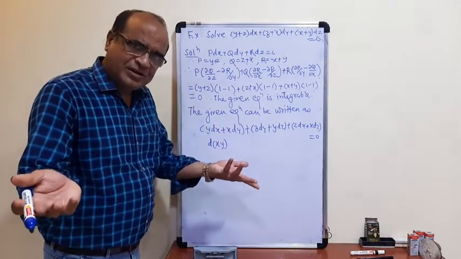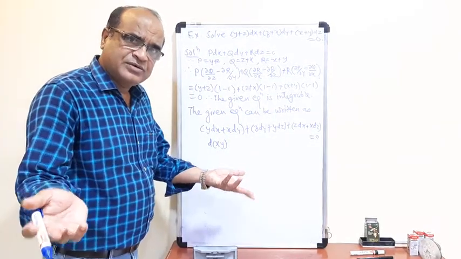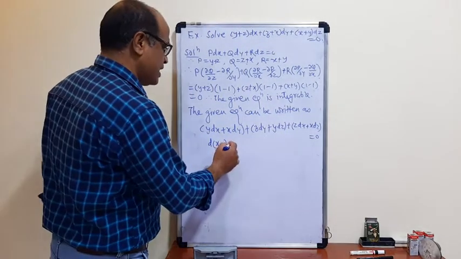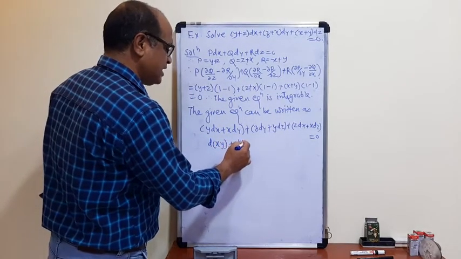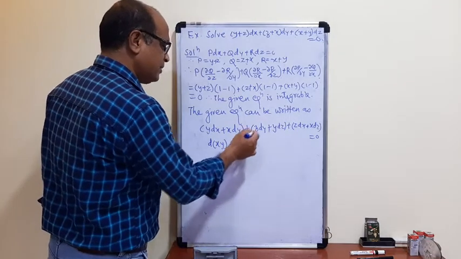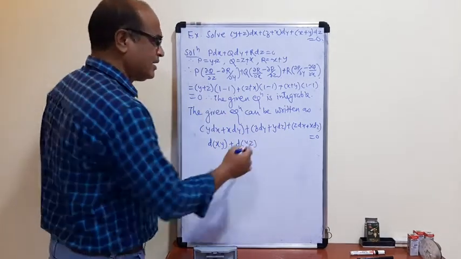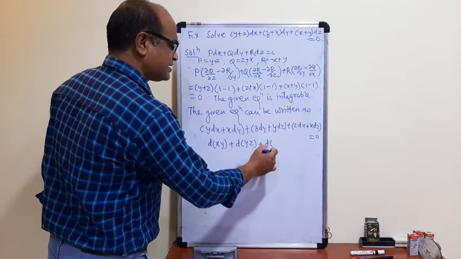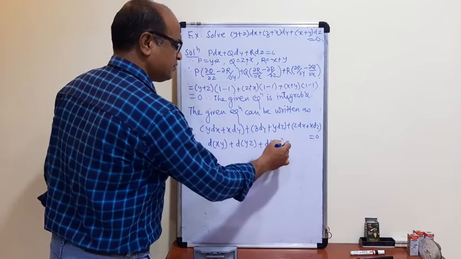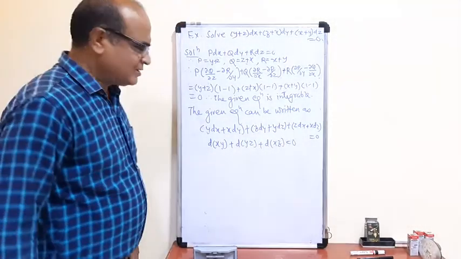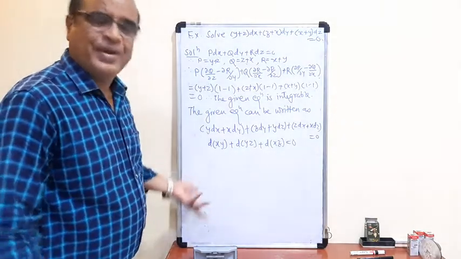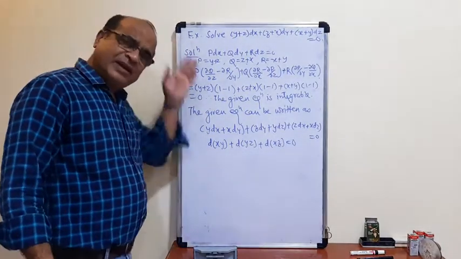What is the definition of an exact differential equation? You know about that. Plus d of yz. So this can be written as d of xy plus d of yz plus d of xz is equal to 0. So this is an alternative, very simple method. The method depends on the example.